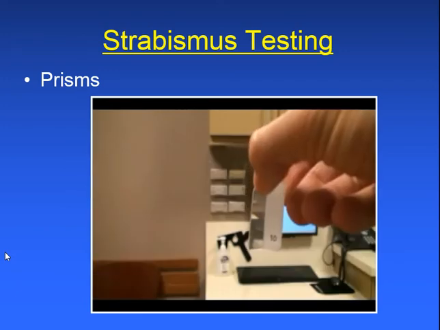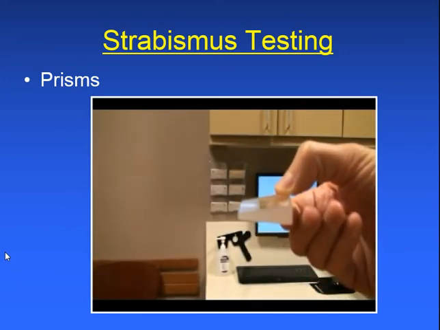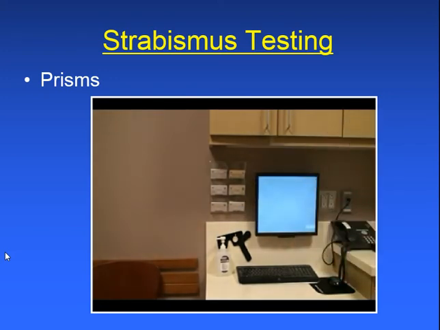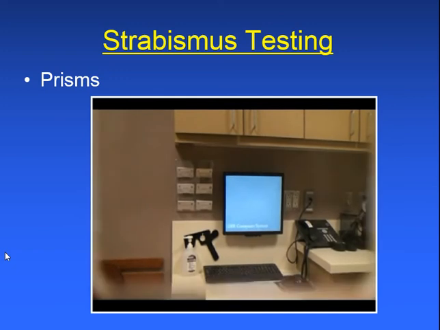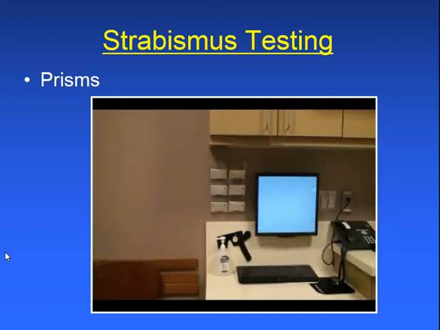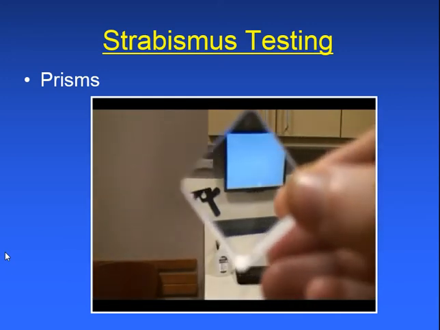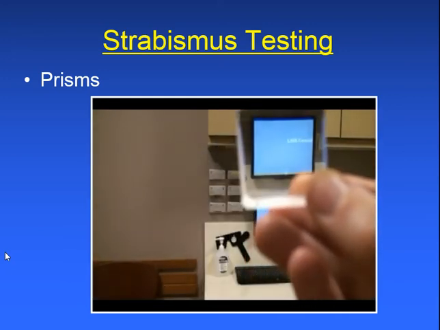And if we use a smaller prism, this is a 10 prism diopter, the monitor will shift, the image will shift, but to a smaller extent, which makes sense. And of course, any way that we point the prism, the image will shift there.